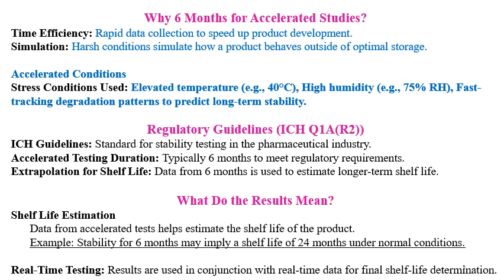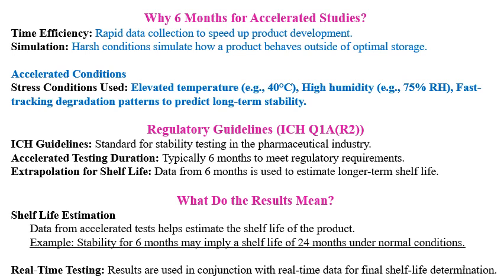The reason is to evaluate the product at a condition which is outside the optimal storage, and it will simulate some harsher conditions or stress conditions, and it will provide rapid data for faster product development. That's why the accelerated conditions are performed for 6 months.